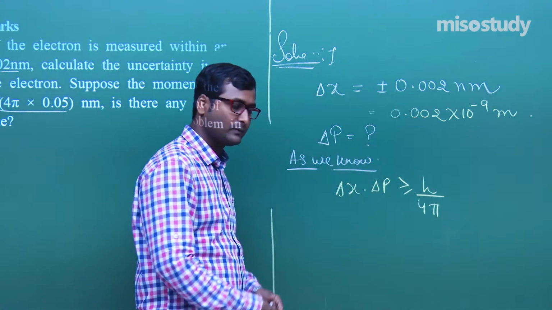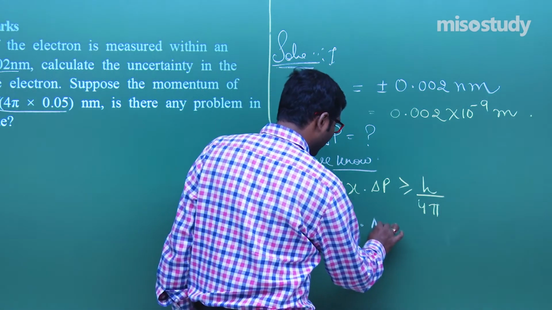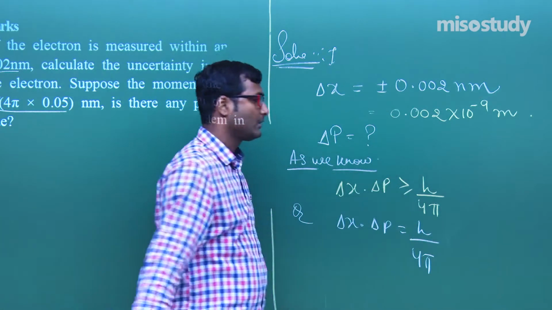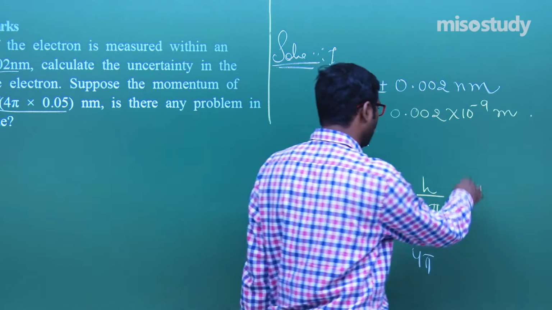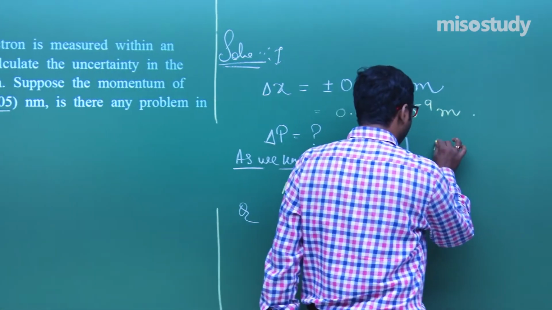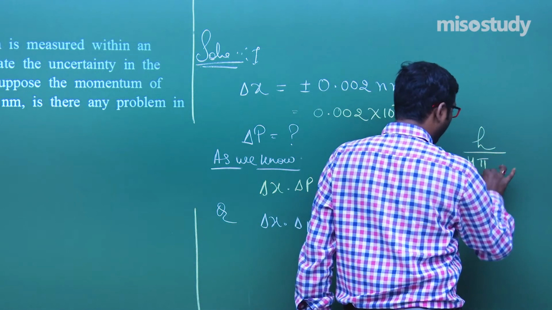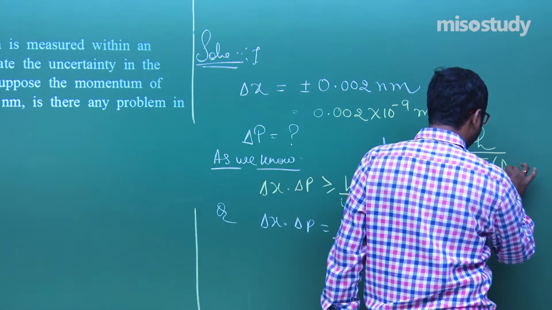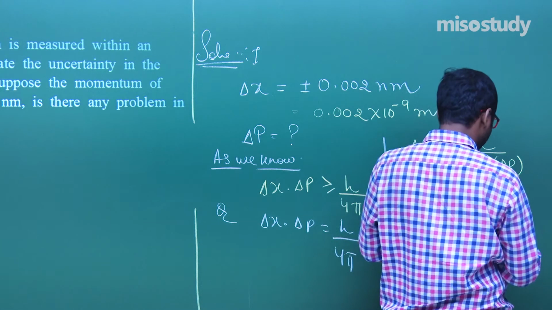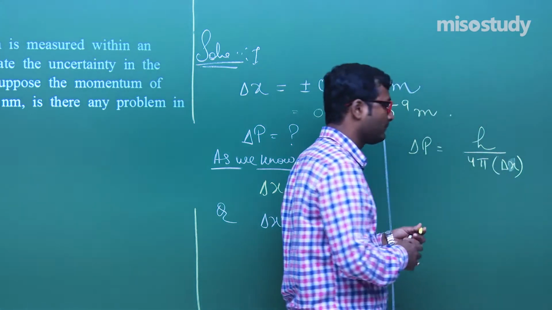For solving, we can take delta x into delta P is equal to h upon 4 pi. Am I right? Yes, sir. Now put the value of delta x. Delta P is equal to h upon 4 pi into delta x, because we need to find the delta P value. Put here delta x.